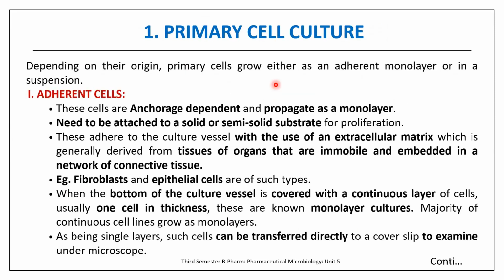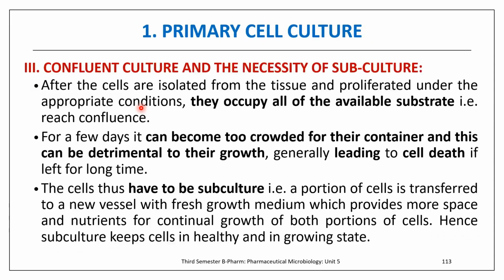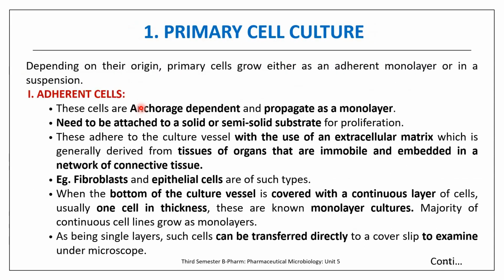Now, based on the primary cell culture, when they are grown in a vessel, based on the growth of these cells, we can divide them again into adherent cell, suspension cell, and confluent cell. First one is adherent cell. As the name indicates, these are cells which adhere to the vessel used for the animal cell culture.